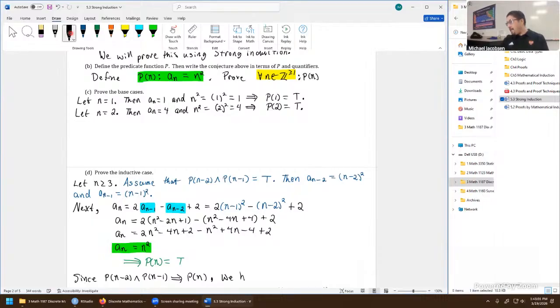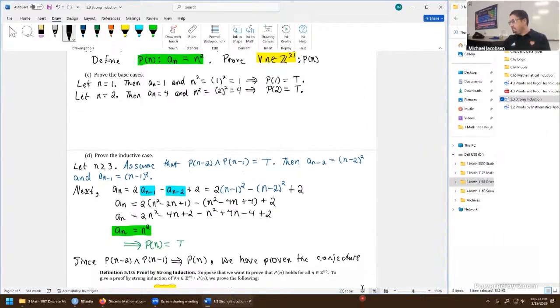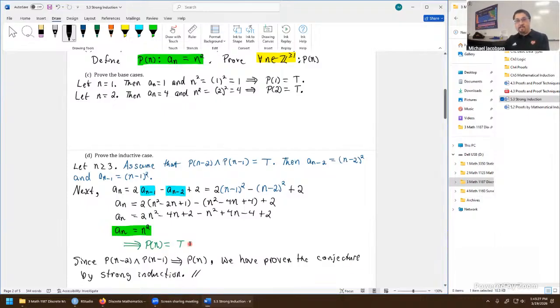We have proven the conjecture by strong induction. Or you could just say really briefly, after you get true here, the proof is complete by strong induction. That'd be a fine statement there.